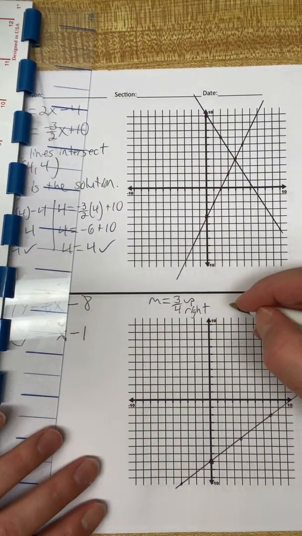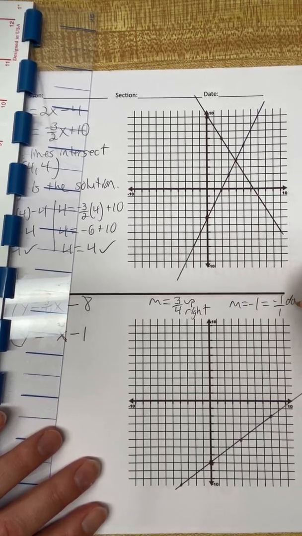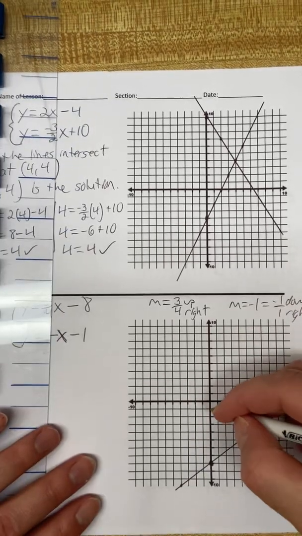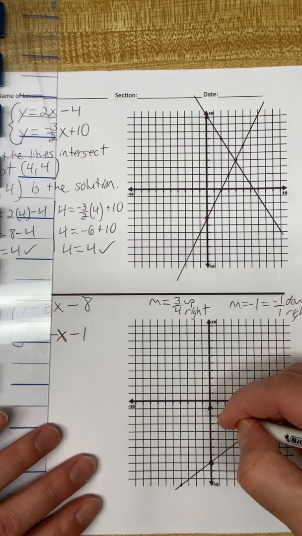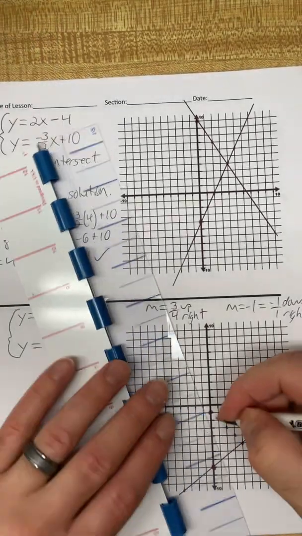Then my second line has a slope of -1. So I'm going to go down 1, right 1, starting from the y-intercept at -1. Down 1, right 1. There's my y-intercept.